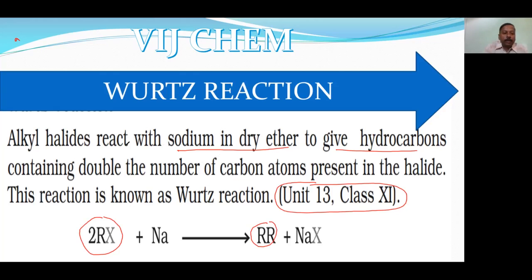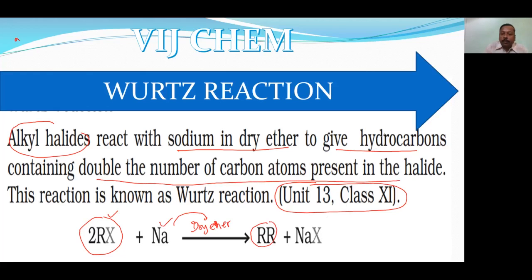Okay. So alkyl halide reacts with sodium. That means the reactant is alkyl halide and it reacts with sodium in dry ether. The reagent required is dry ether, to dissolve the sodium, containing double the number of carbon atoms present in the halide.